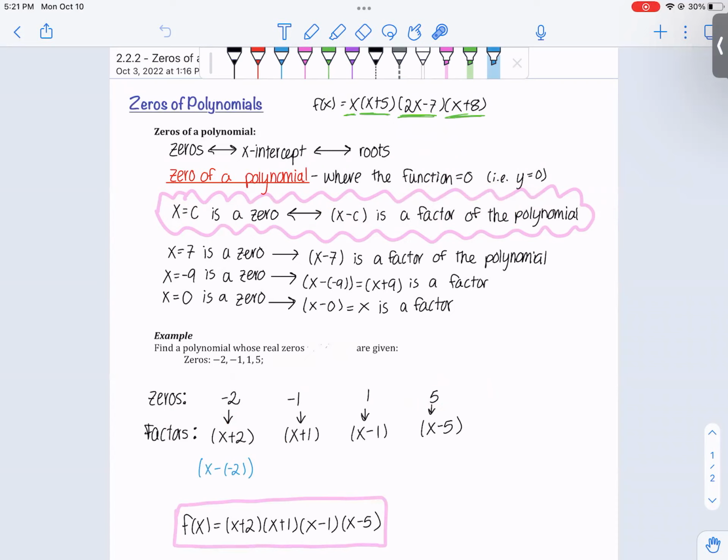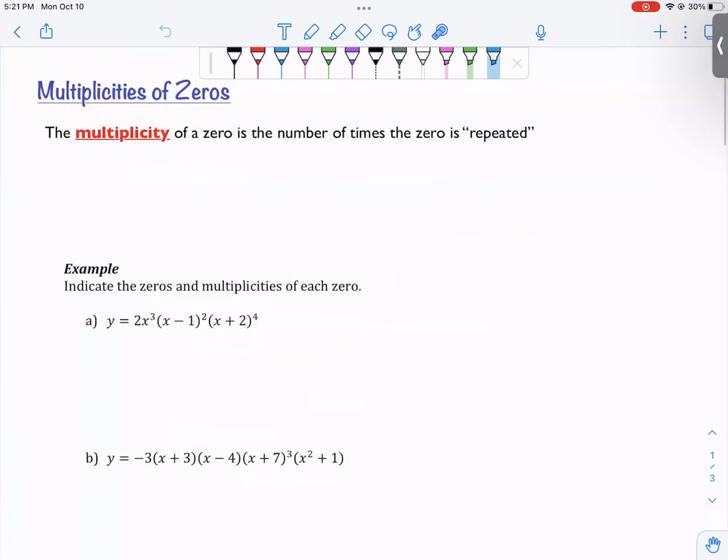We'll be doing the opposite direction, taking a polynomial and getting its zeros, and then we can talk about multiplicity too. So the multiplicity of a zero is the number of times that the zero is repeated.